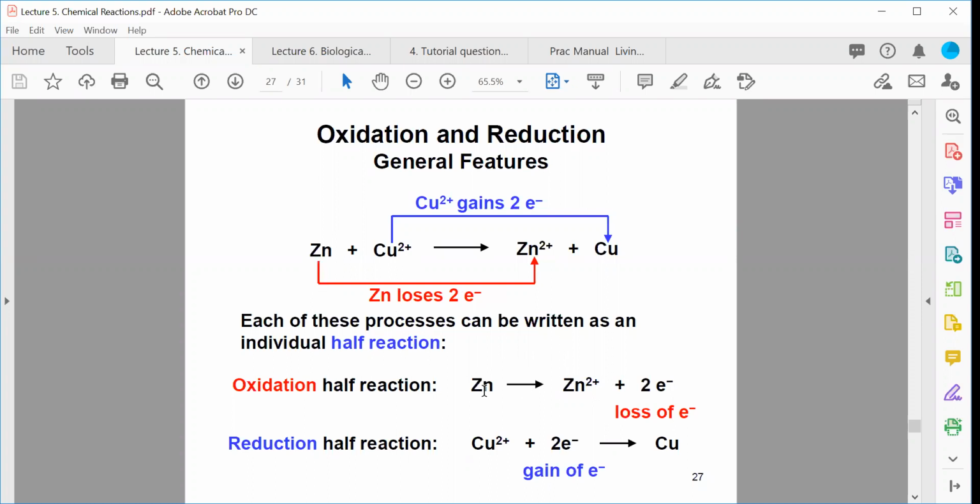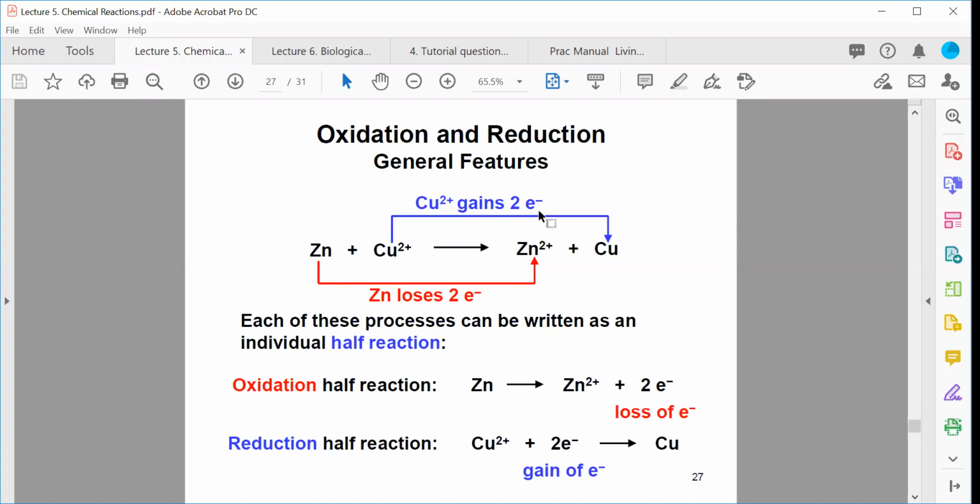So zinc becomes oxidized, that is, it now picks up a 2+ charge because it's lost 2 electrons, and that's written as +2 electrons. Okay, if we look at the reduction half reaction, that's simply written as the copper cation. Here it is here.